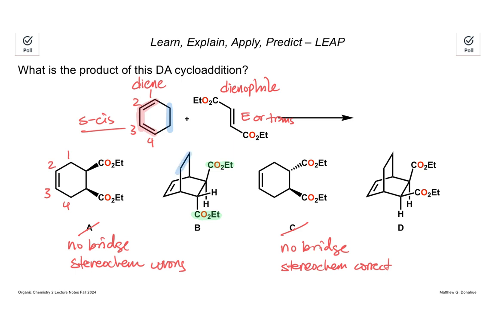Here's the bridge, that 2-carbon bridge. So the reason D is not correct is that the esters now are on the same face as one another, which would require that your dienophile be cis.